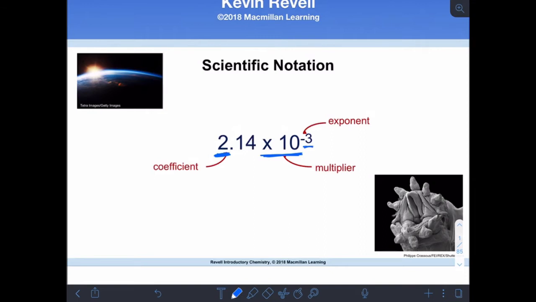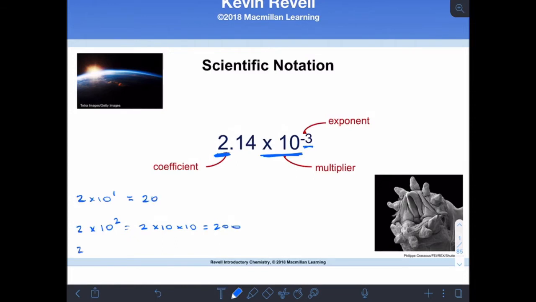Let's look at an example of how that works out. If I say 2 times 10 to the 1, that means that I multiply by 10 one time. So 2 times 10 is 20. If I say 2 times 10 to the 2, that's the same thing as saying 2 times 10 times 10, or 2 times 100, so 200.